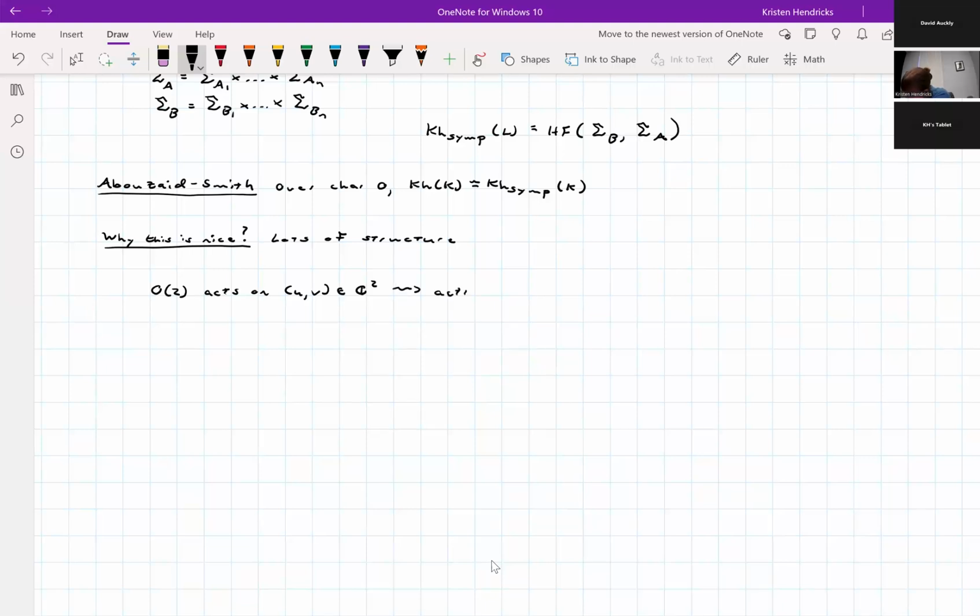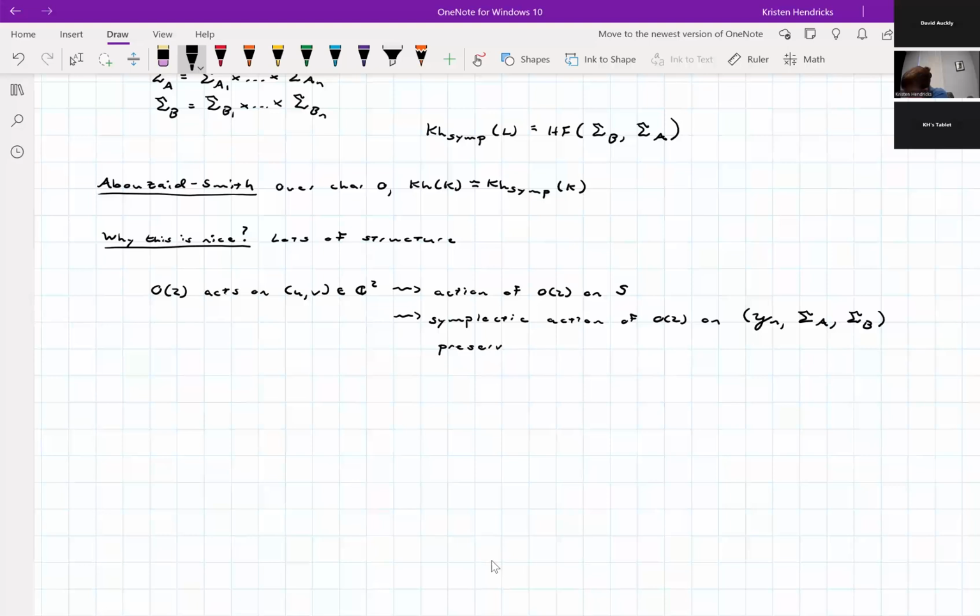And it's easy to convince yourself that this gives you an action of O2 on the surface S. And it's still pretty easy after that to convince yourself that this gives you a symplectic action of O2 on the entire picture, which preserves the Lagrangian setwise. Okay, so that's a pretty nice set of structure.